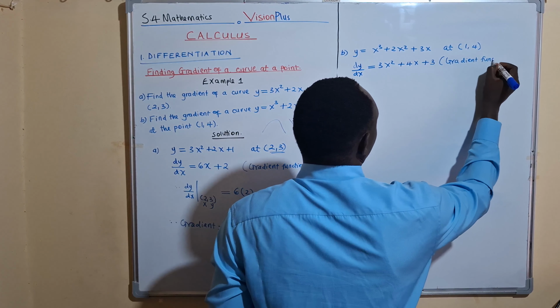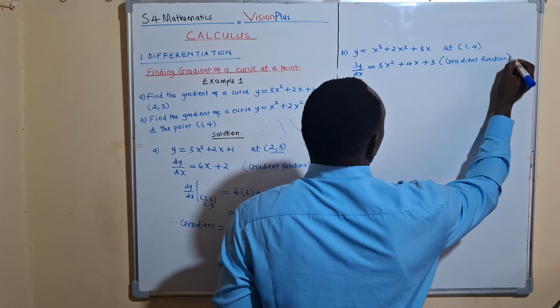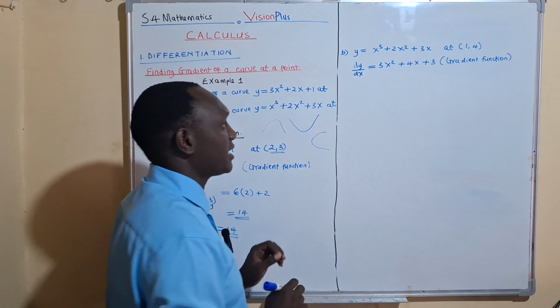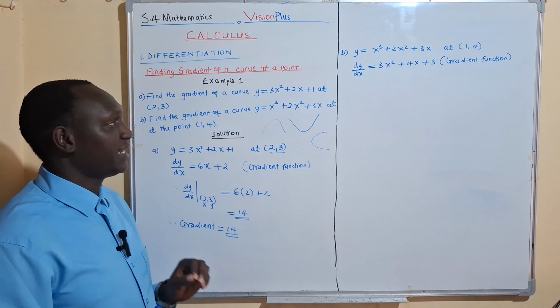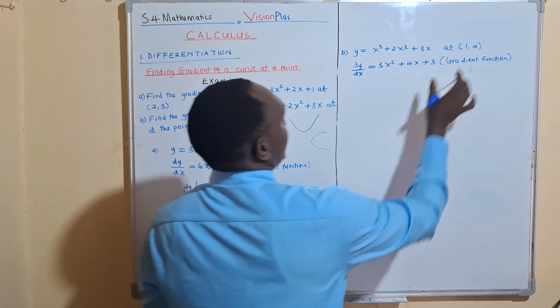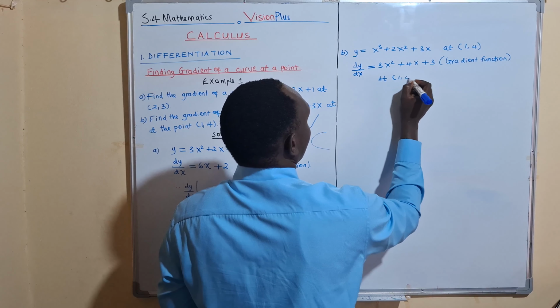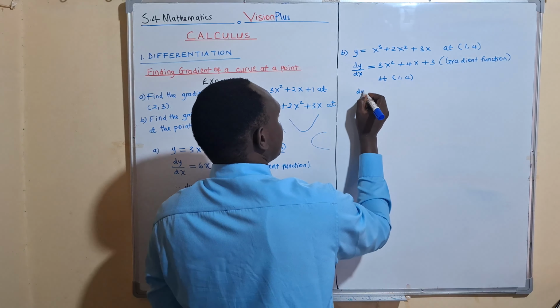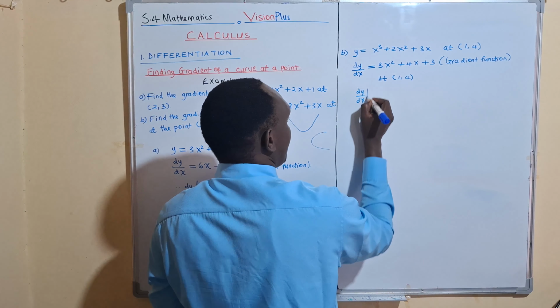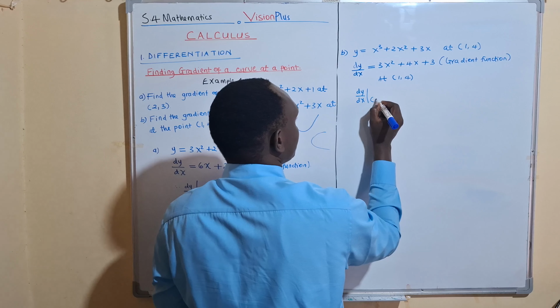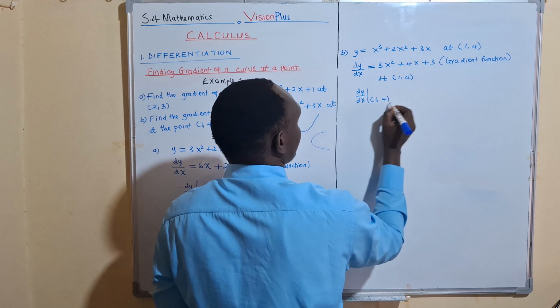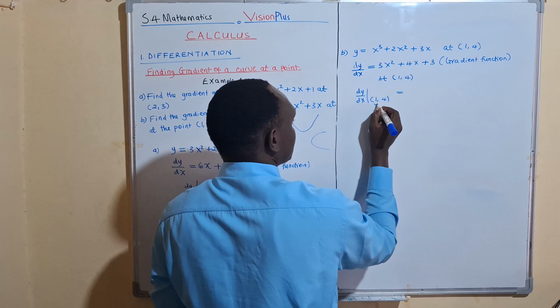This is the function that defines for us the gradient of the curve at any given point. But now we have this point, so we say at the point 1 and 4, the gradient dy/dx at that point would be, this is x, this is y.